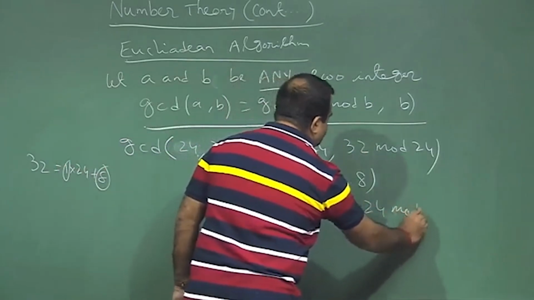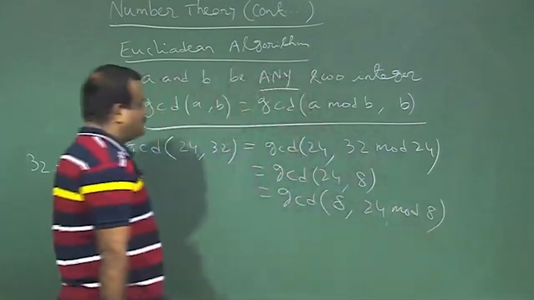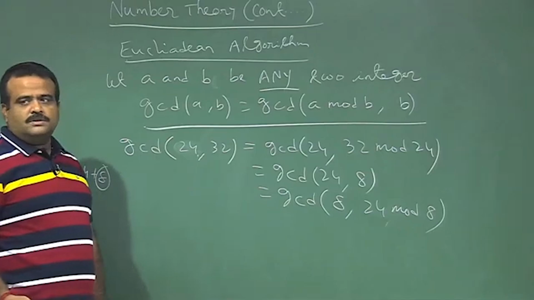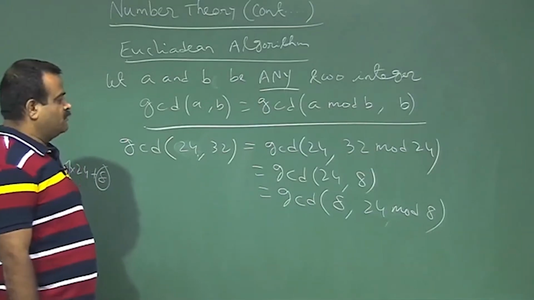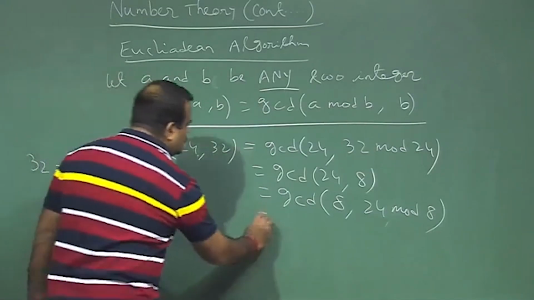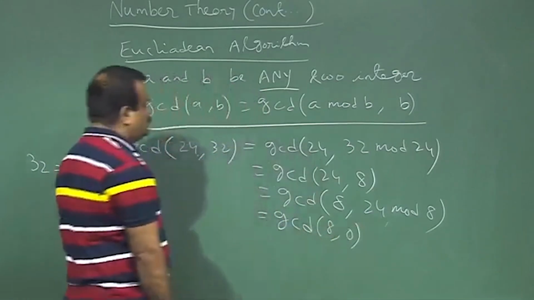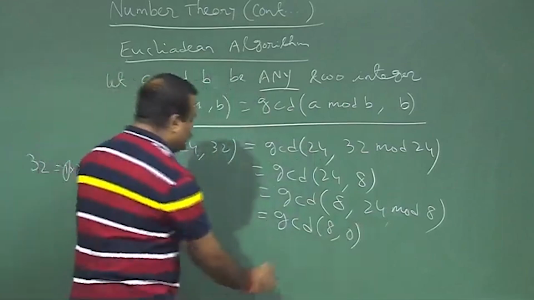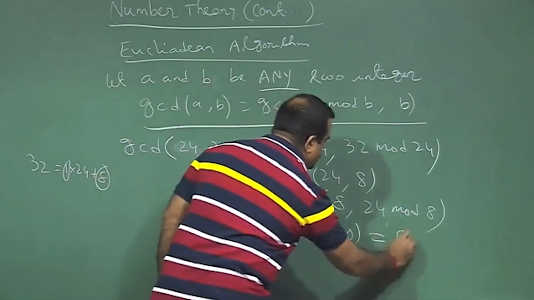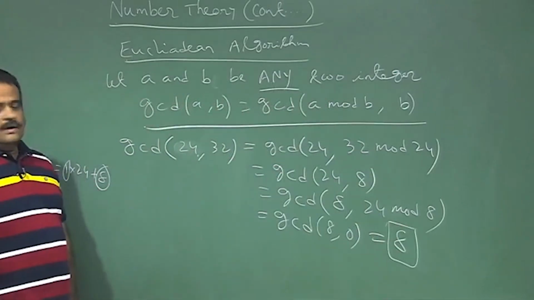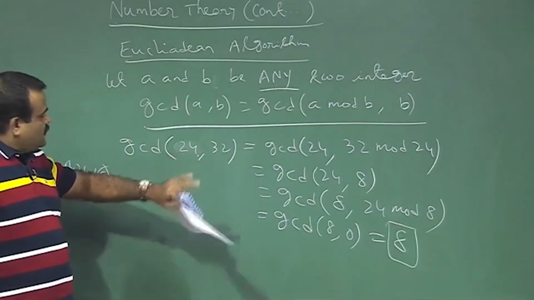Then we can say 24 mod 8. Now, 24 mod 8 means basically 0, because 8 divides 24. So, this is basically GCD of 8 comma 0. GCD of a comma 0 is basically a. So, this is basically 8. So, 8 is the GCD of 24 and 32.